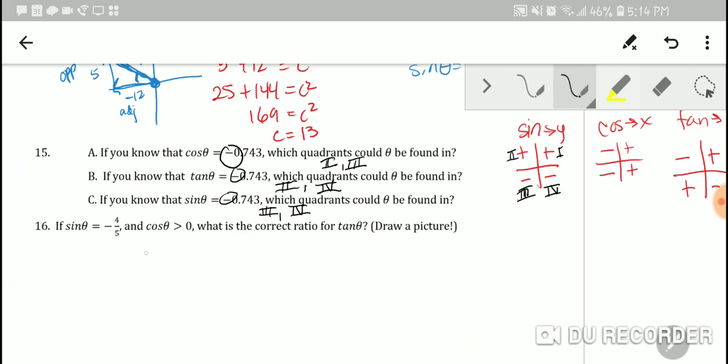For number 16, we want when sine is negative, so that's possibly in quadrant 3 or quadrant 4. But we also want when cosine is positive, that's saying it's greater than 0. So cosine is positive in quadrant 1 or quadrant 4. The overlap here is quadrant 4, so we need to draw our triangle in quadrant 4.